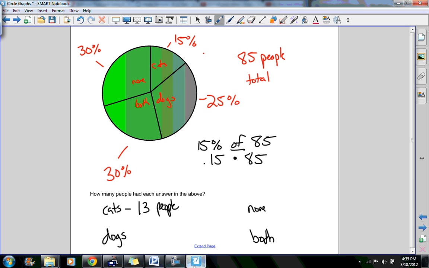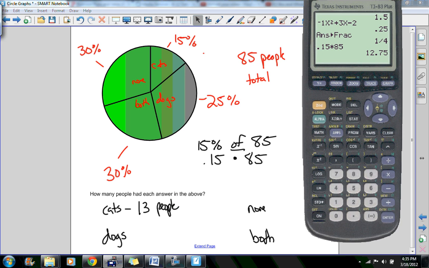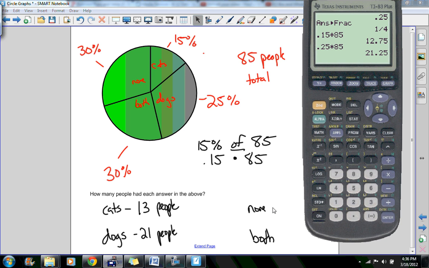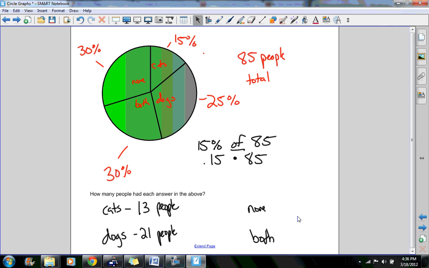So then for the others, you do the same thing. Dogs would be 0.25 times 85, 21.25. I'm going to round down for this one. None and both are 30% each, so we'll get 0.3 times 85, which gives us 25.5, so I'm going to round up and get 26 people, and this would be the same as 26 people.